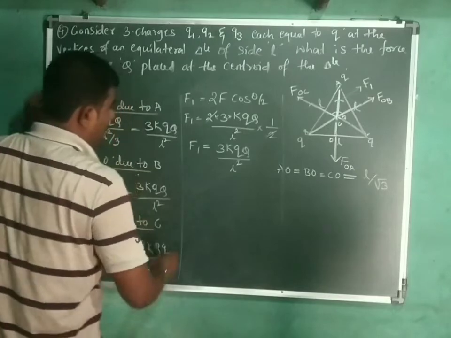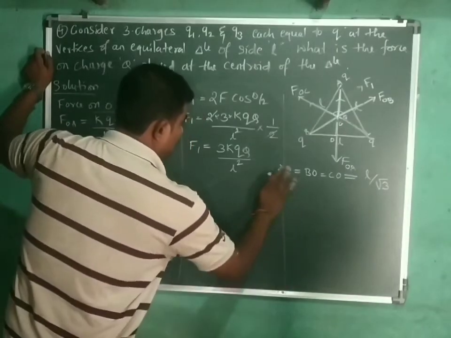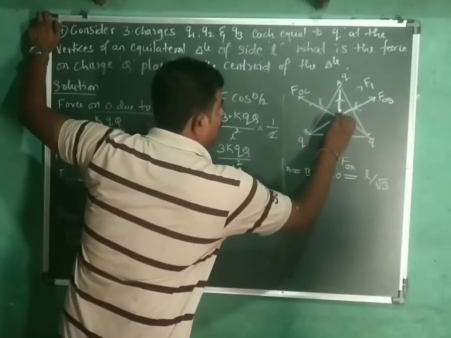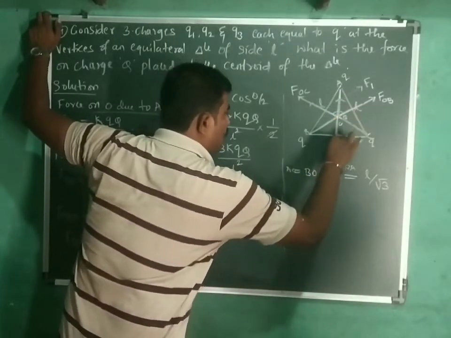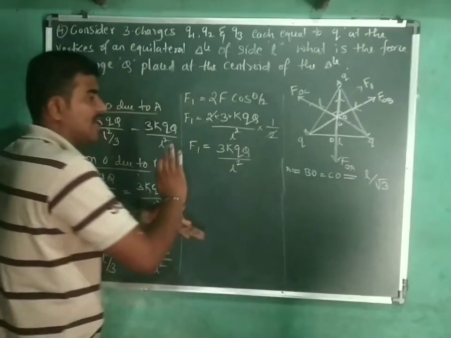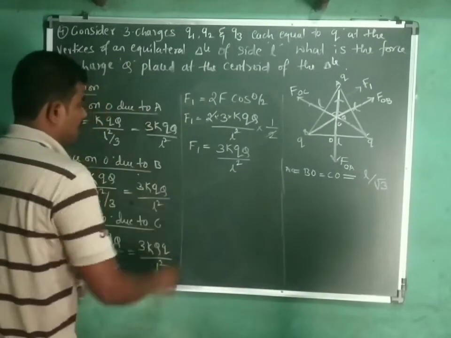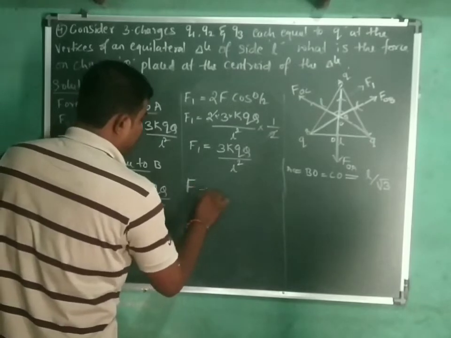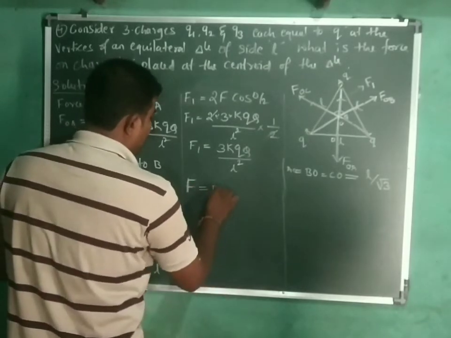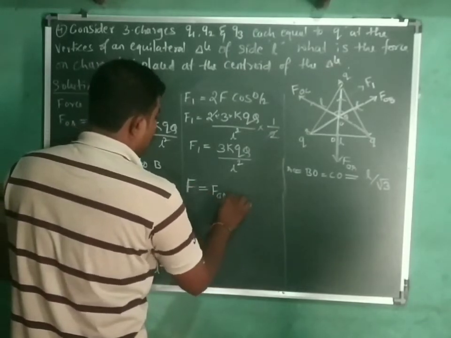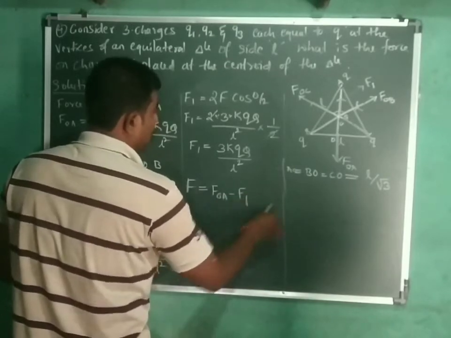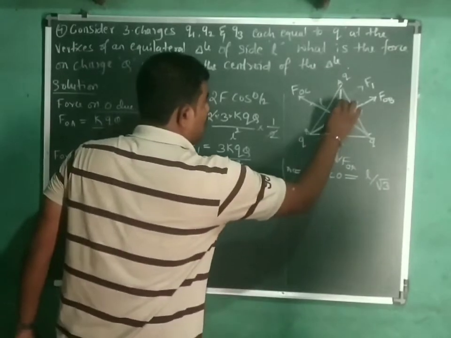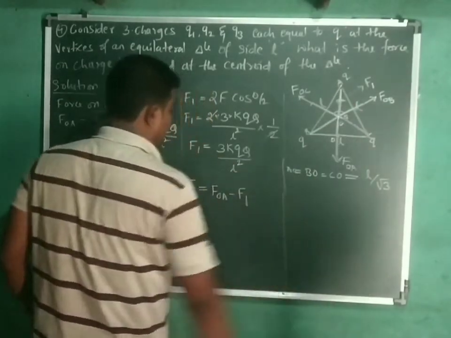And see here, this F1 and this FOA are acting in two different directions, opposite directions. Therefore total resultant F is equal to FOA minus F1, because they are exactly in opposite directions.